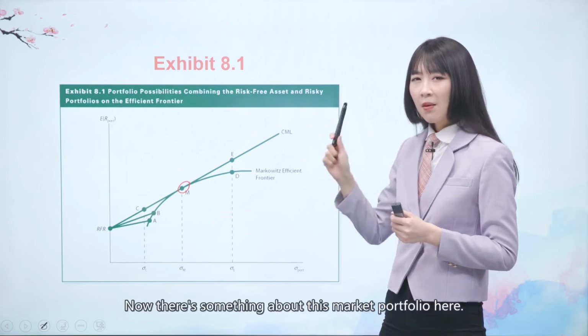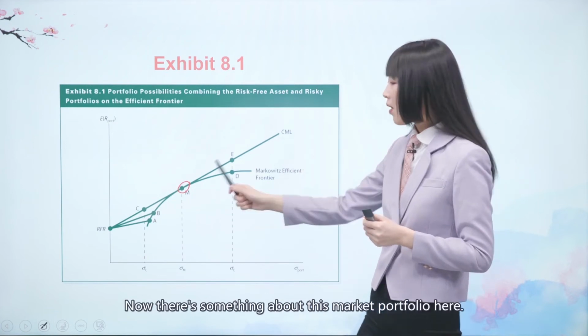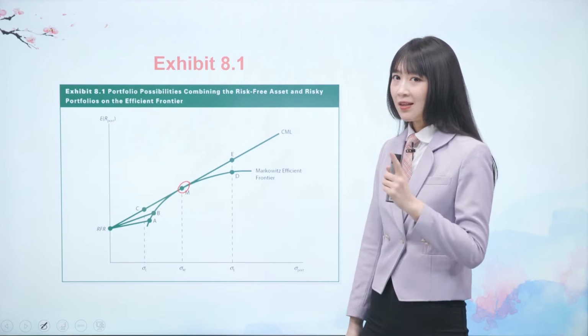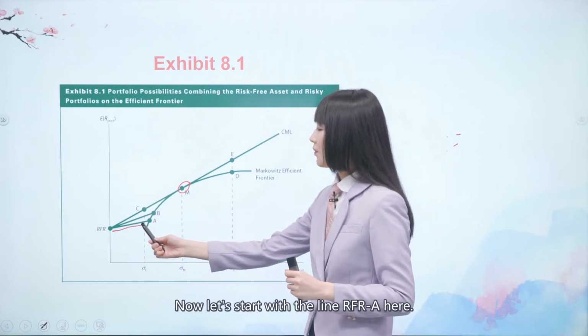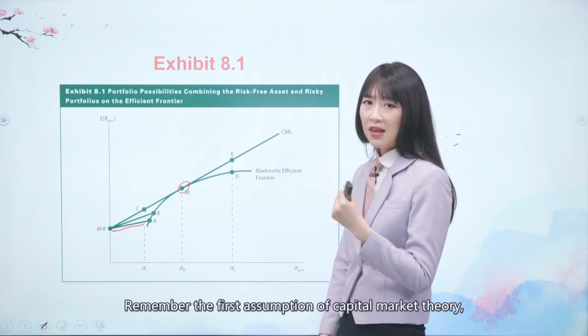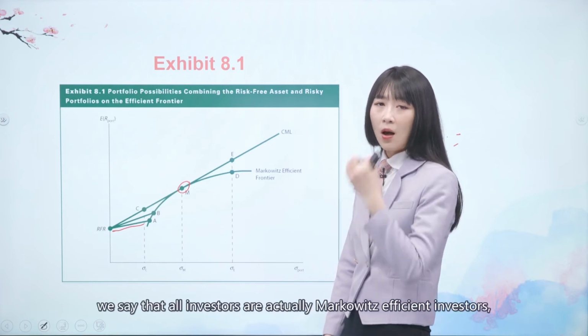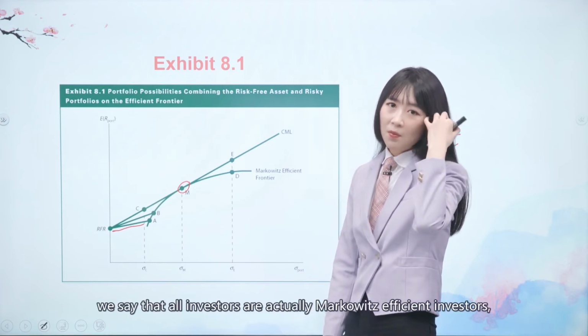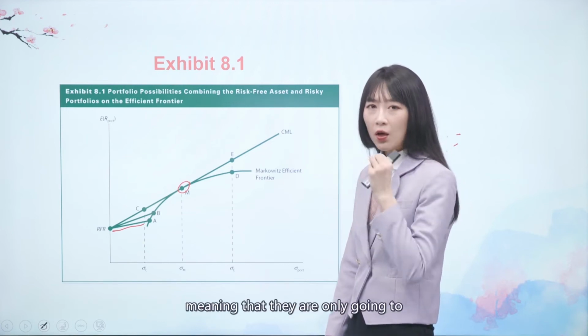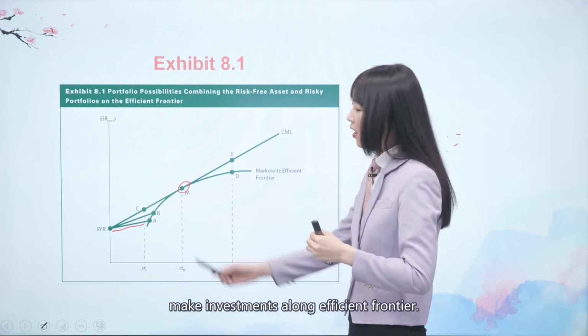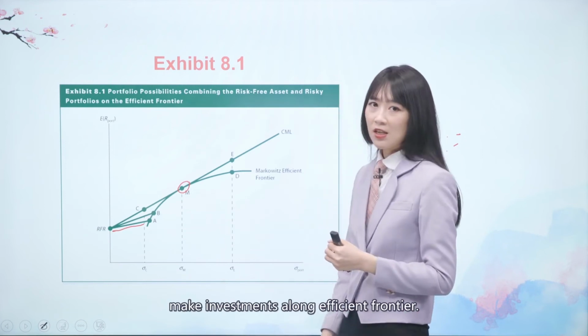Now, there's something about this market portfolio here. Let's start with the line RFRA. Remember the first assumption of capital market theory: we say that all the investors are market efficient investors, meaning that they are only going to make investments along the efficient frontier.